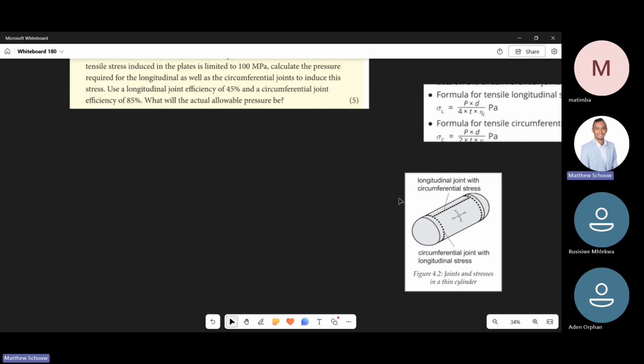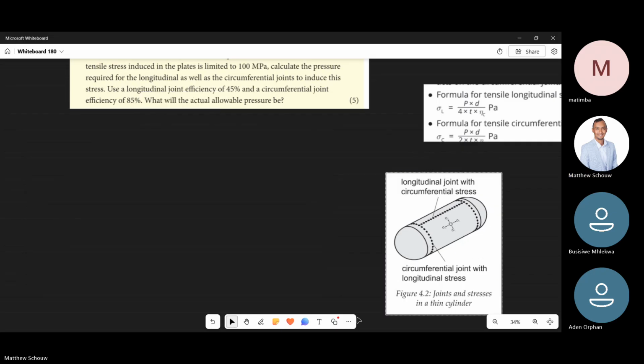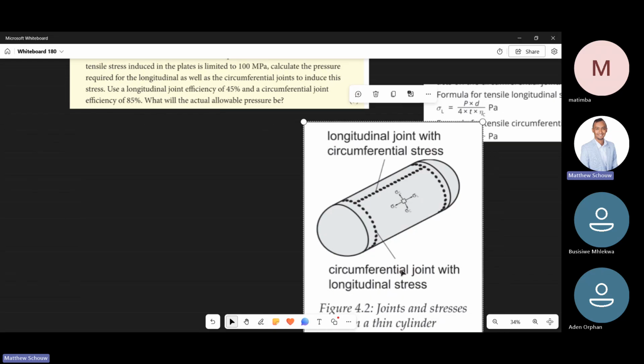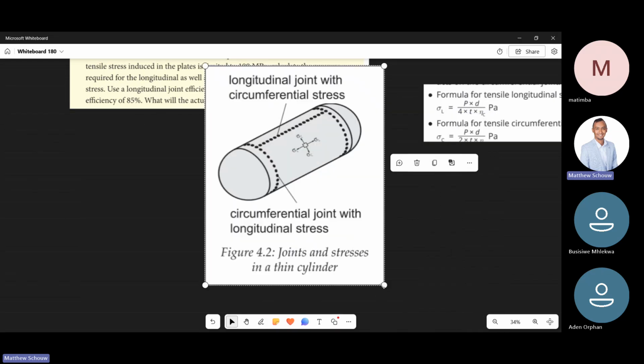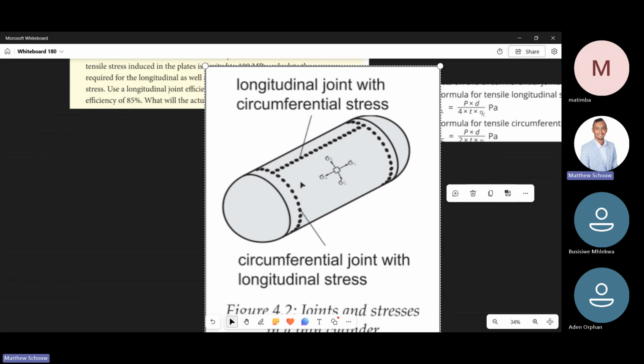When it's subjected to an internal pressure, what you'll notice within the walls of the cylinder is that there are two stresses present. If I open this up here for you, the one you notice is the longitudinal stress, which acts along the length of the pressure vessel. And then you get a circumferential one, which acts along the circumference. So there are two stresses induced.